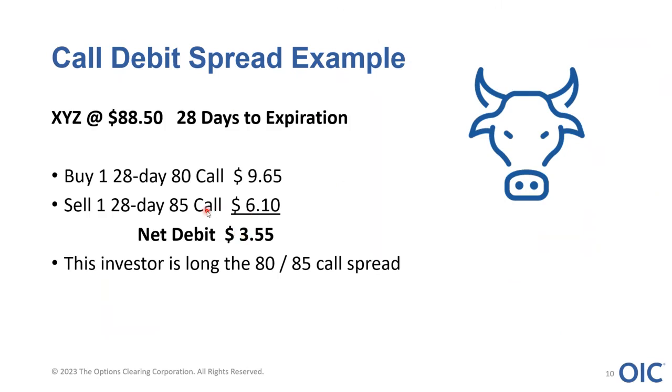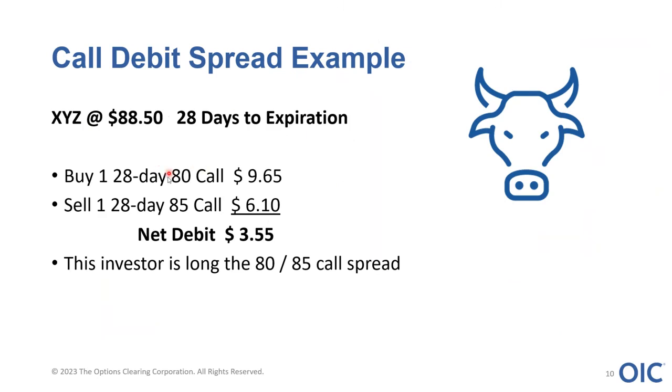But I also want you to take into account where these strikes are relative to where the stock is. This is a call debit spread, and it's not a call debit spread because of where the stock is. It's a call debit spread because you're buying it. But what you need to think about is both of these strikes are below where the stock is trading.